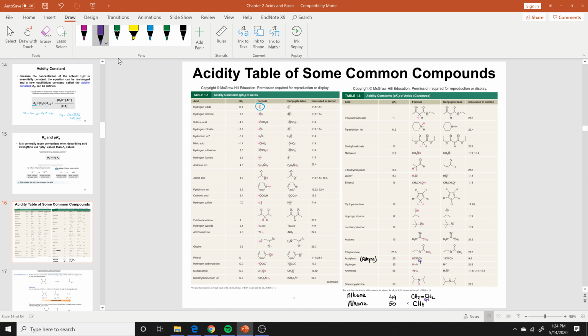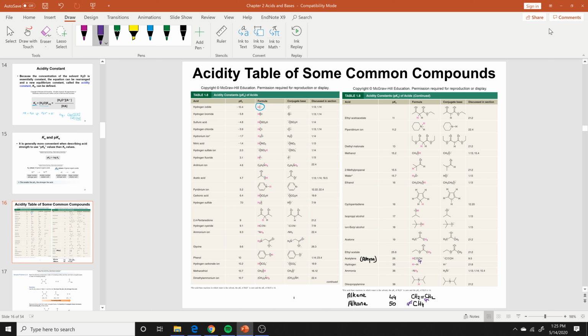And here you have an sp3 hybridized carbon connected to a hydrogen. Normally sp hybridized carbons are more electronegative. So this is why you see that hydrogens connected to a carbon triple bond are more acidic than the ones connected to double bonds, than the ones connected to single bonds.